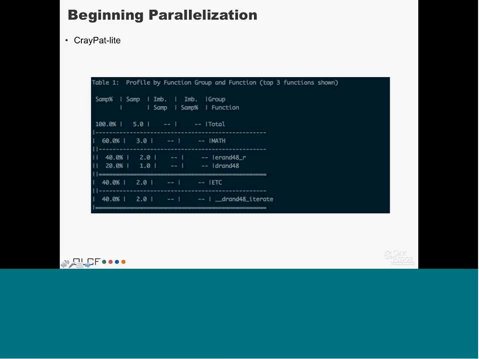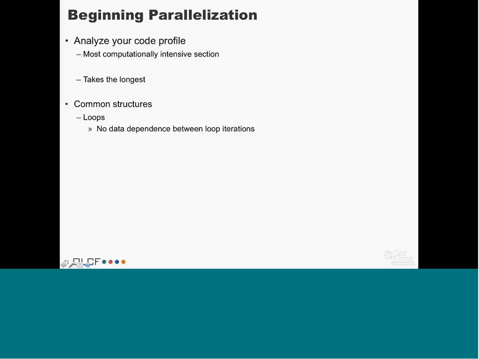That's 60% of our power being used right there. We want to analyze this code section and accelerate it, since it's what's most computationally intensive as well as what takes the longest in your program. Structures you'll find, for instance, are loops, and you specifically want to look for loops with no dependence between data.